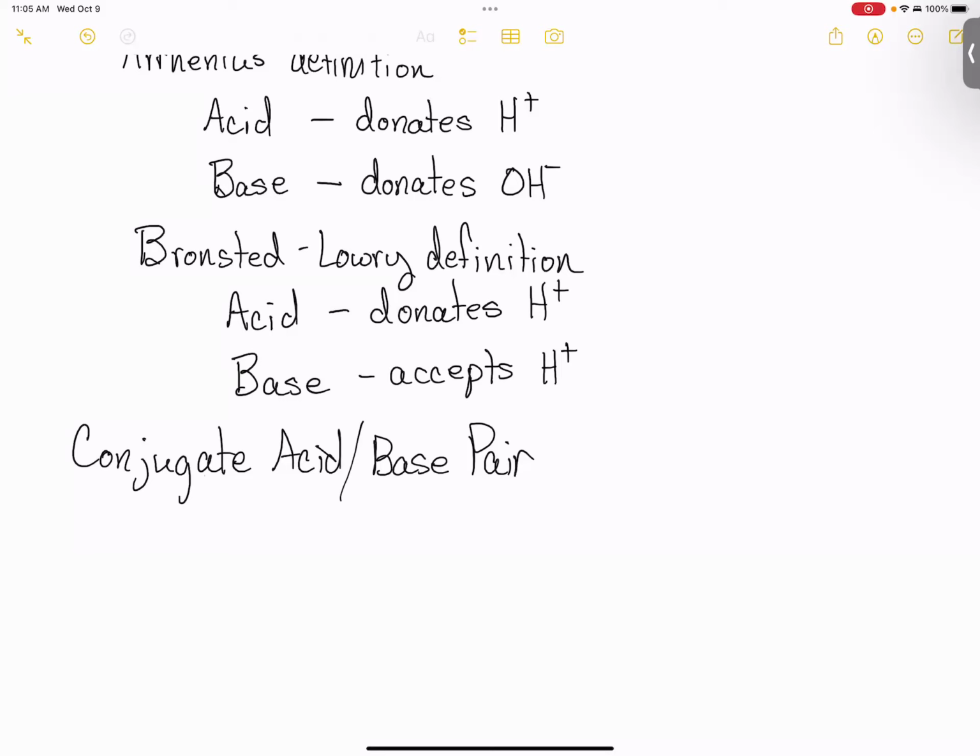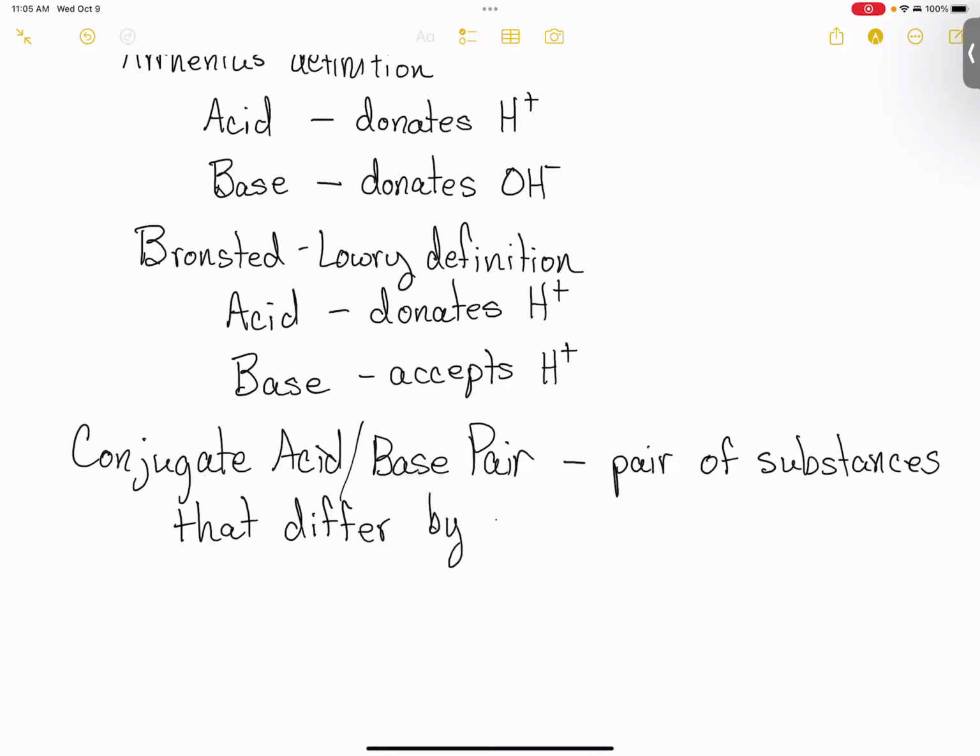That leads us to the definition of a conjugate acid-base pair. A conjugate acid-base pair is a pair of substances that differ by a single proton.